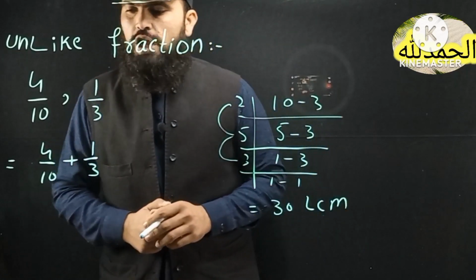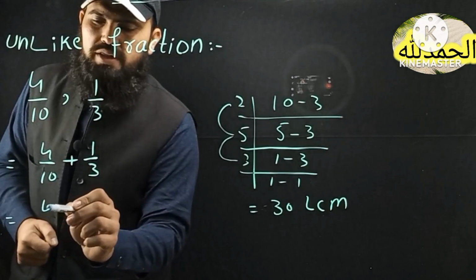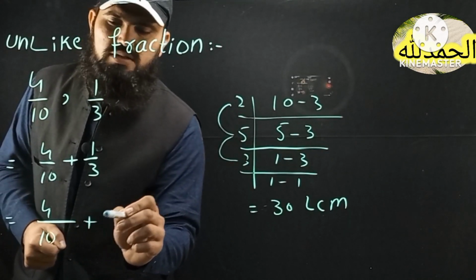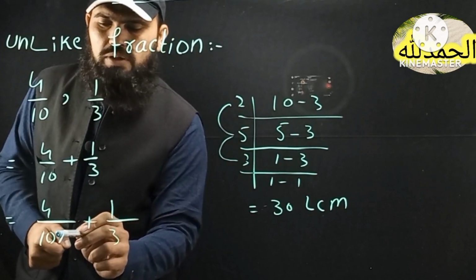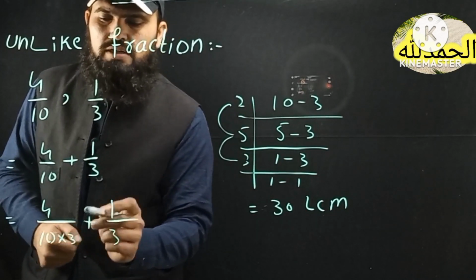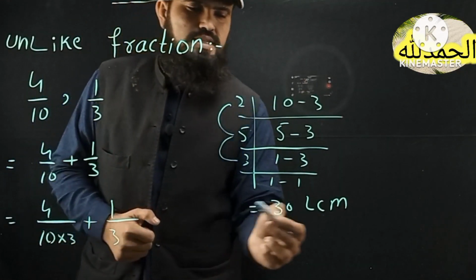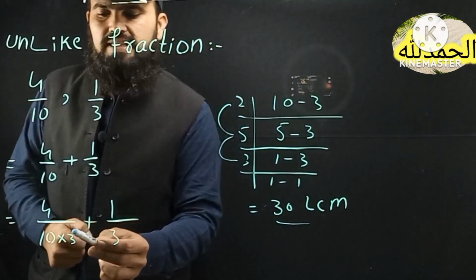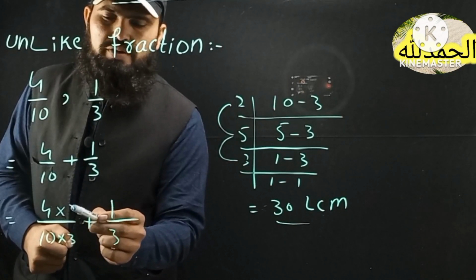Friends, we multiply the denominators by those numbers which give the answer 30. So 10 multiplied by 3 is 30, which is the same as the LCM. We multiply this number with the denominator and with the numerator.